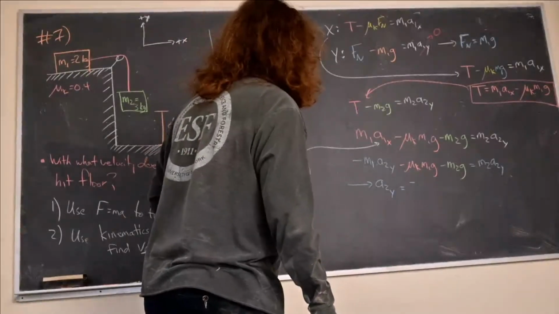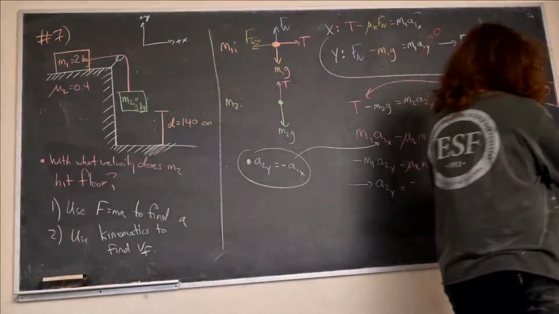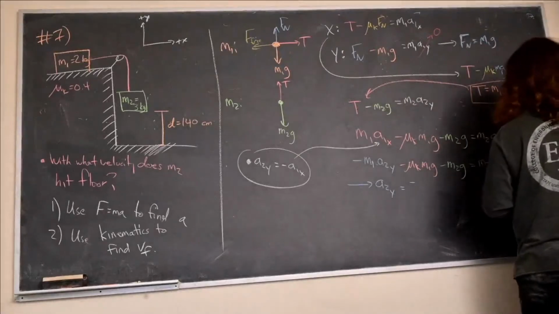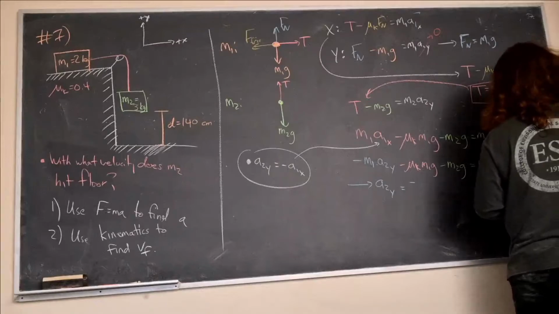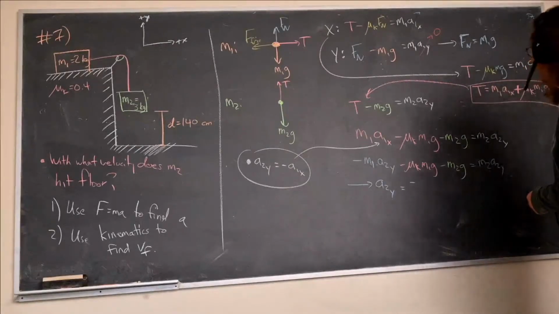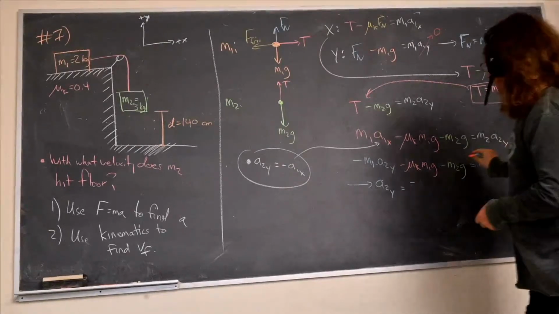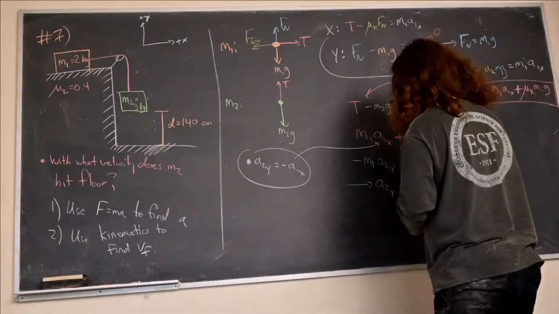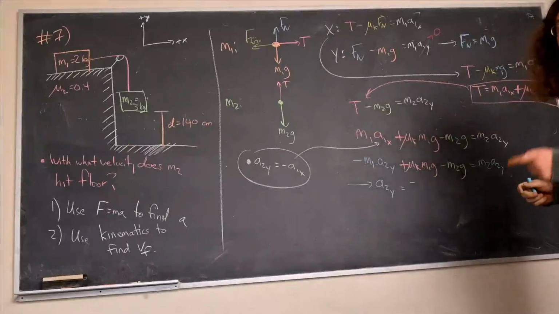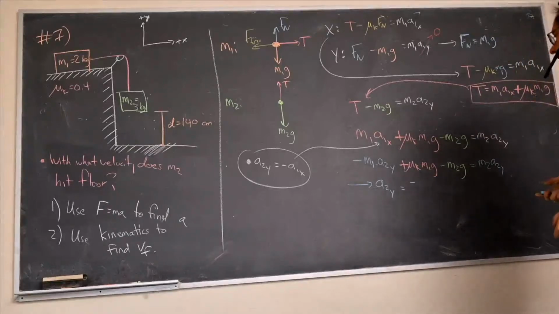So when I solved for the tension, this sign is backwards. Thank you so much. You caught it before I did. That sign is backwards, which means that this sign is backwards, which means that this sign is backwards.